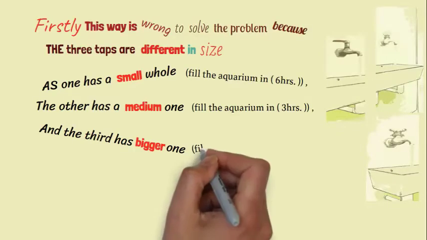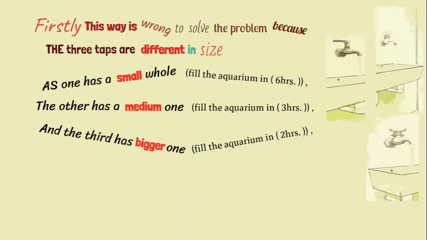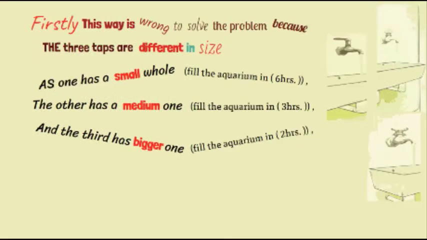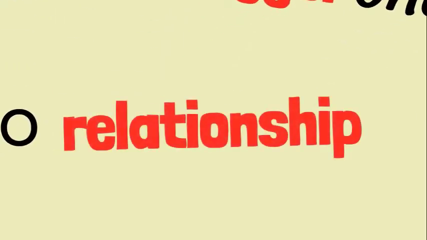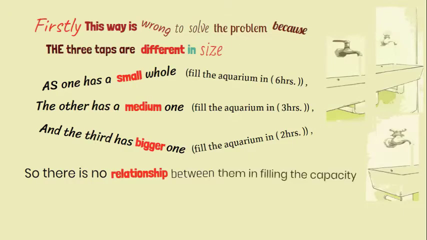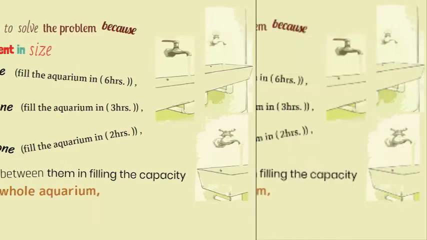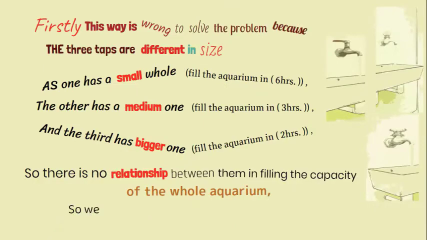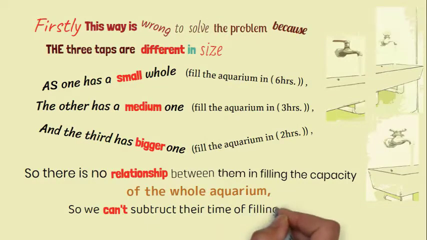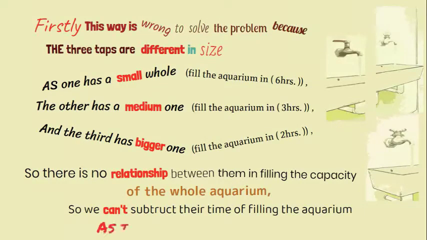It fills the aquarium in 2 hours. So there is no relationship between them in filling the capacity of the whole aquarium when they work together, as they are different in size. So we can't subtract their time of filling the aquarium as they are different in size.